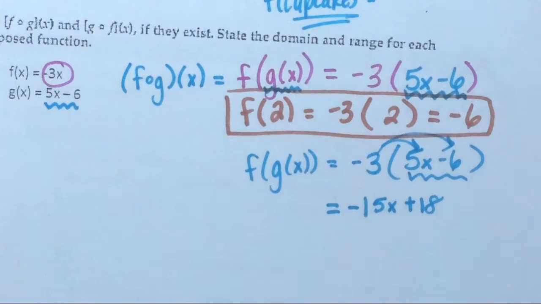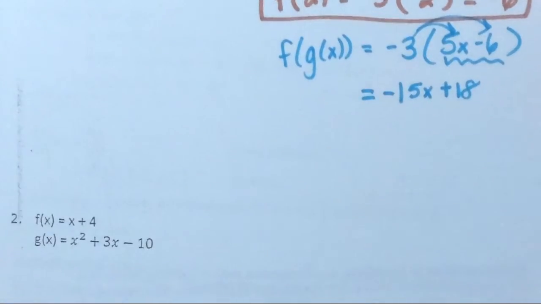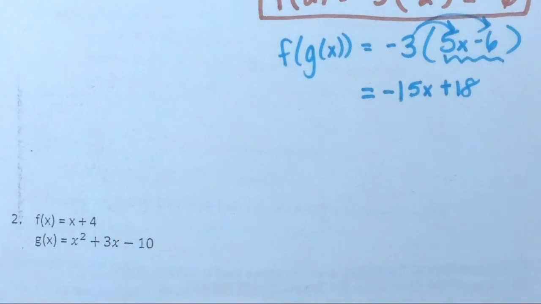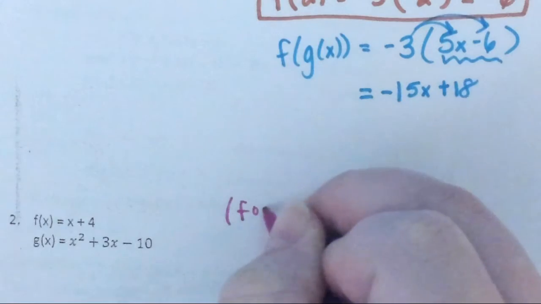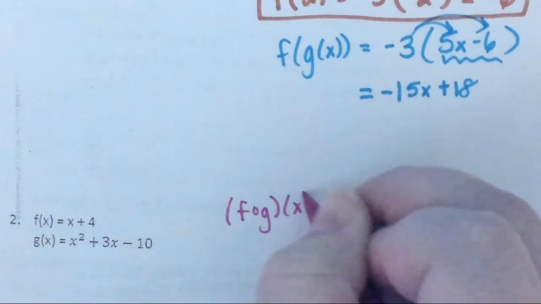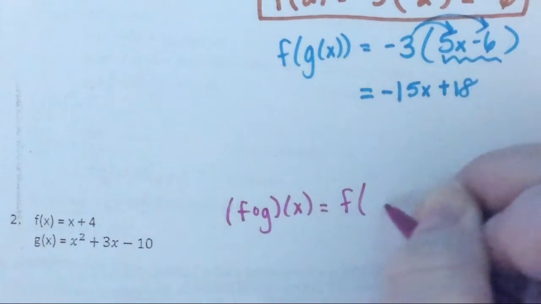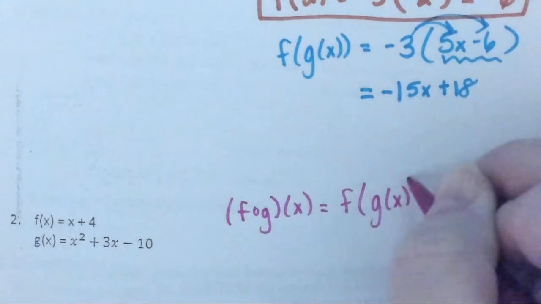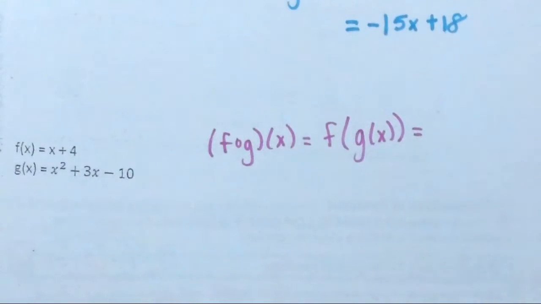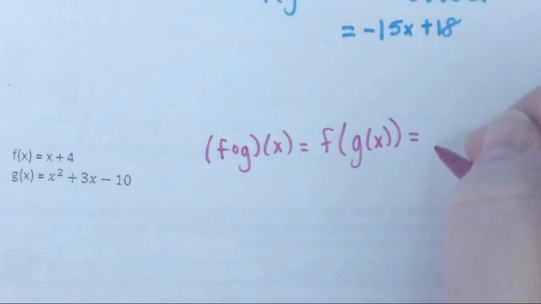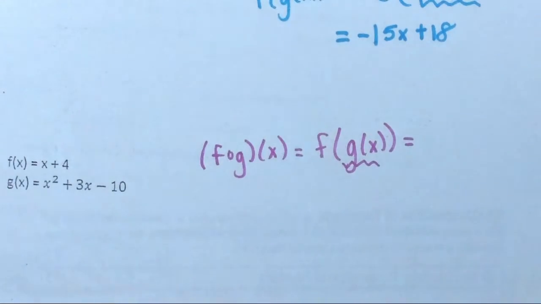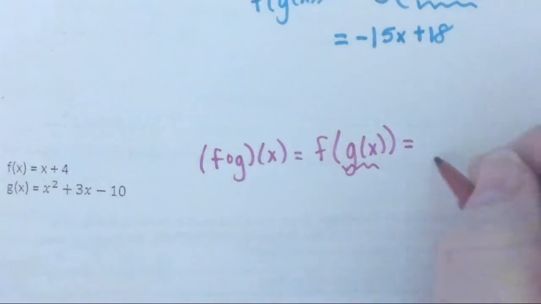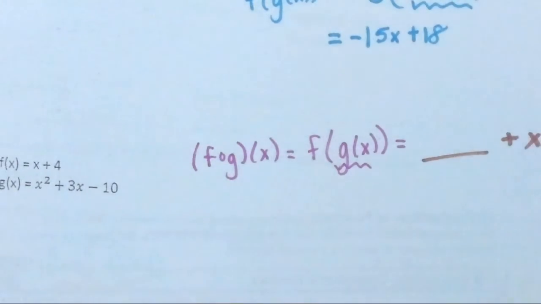So let's go to number 2, and let's find f∘g again. So number 2 says we want to find f∘g. So we want to know f evaluated at g of x, or f composed with g of x. So everywhere in f, I used to see an x. Instead, I'm going to plug in what's g of x.